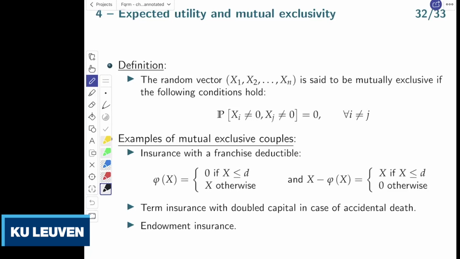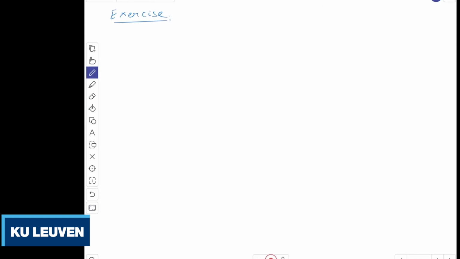And before I continue with the last part of the slides, I want to do an exercise. I think it's exercise 2 of the exercises. I want to focus on the main idea of this exercise.